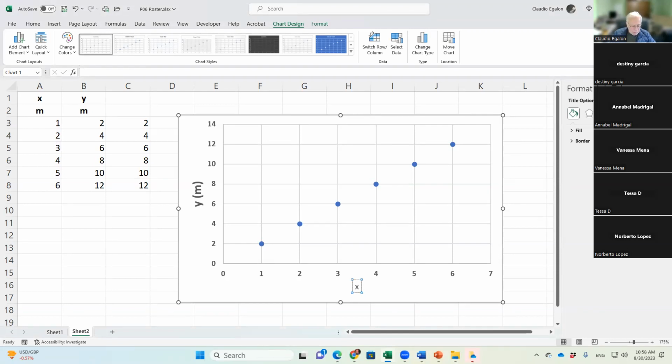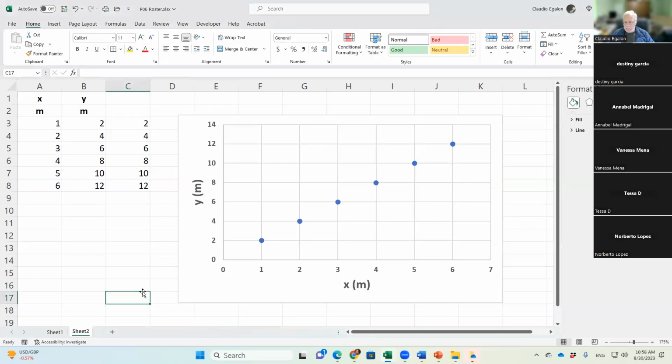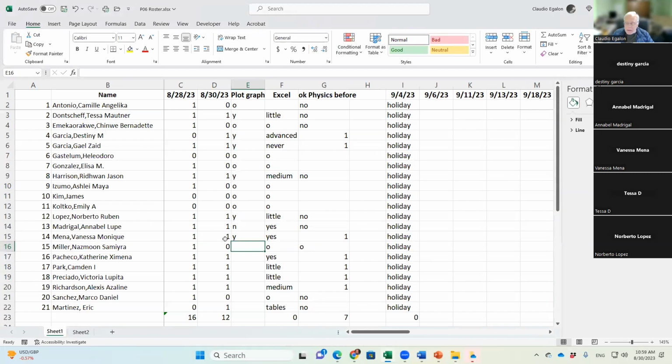Now you type X, parentheses, the unit. Once you get here, you have most of it. Then it's just a matter of detail. You boldface it, I believe I put size 14. Got it? Okay, good. So Vanessa got it, right?